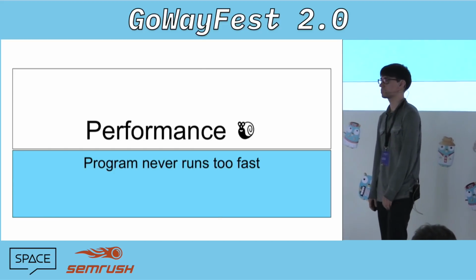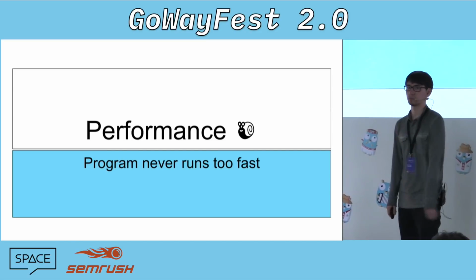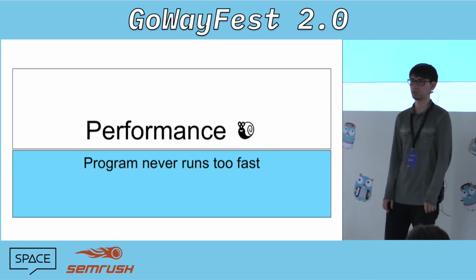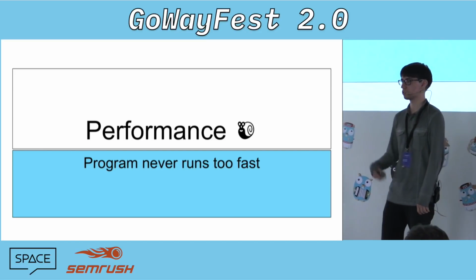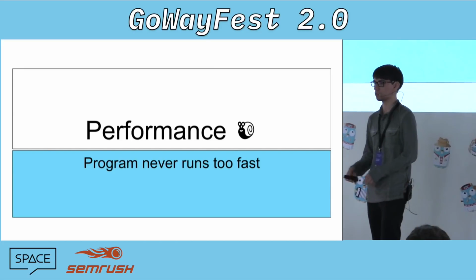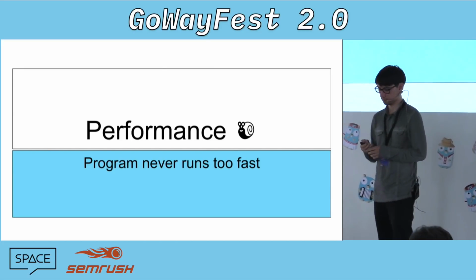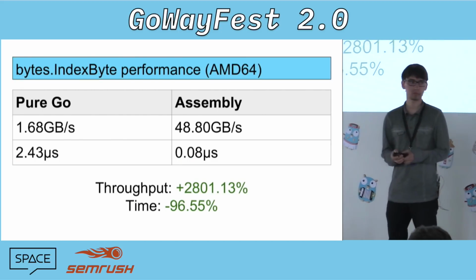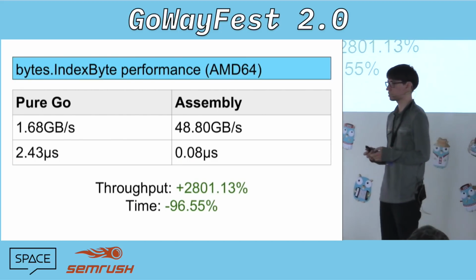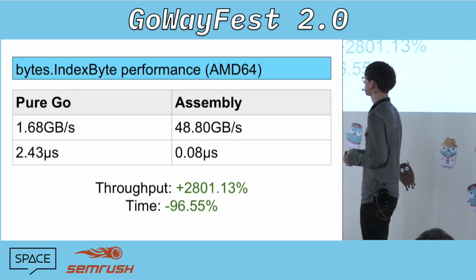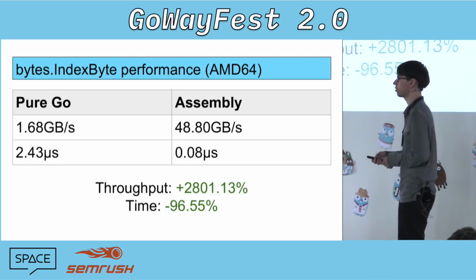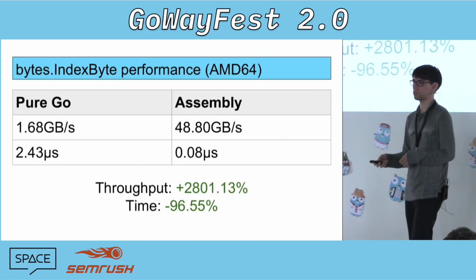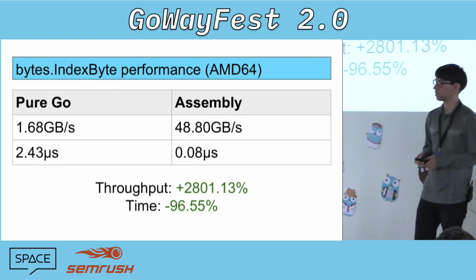And if you have some ability to make your program run faster because hardware supports some instructions, you want to use them. Otherwise, you are paying for the hardware and not using it and wasting your money, essentially. To demonstrate the difference, for example, there is a bytes index function, and you can implement it in pure Go using a loop and finding the byte in the slice.